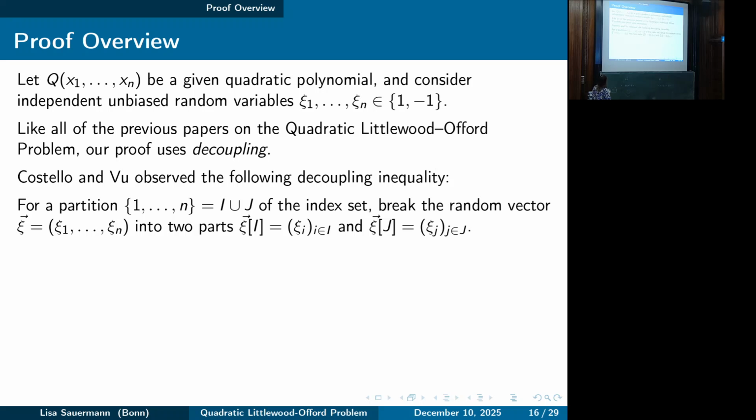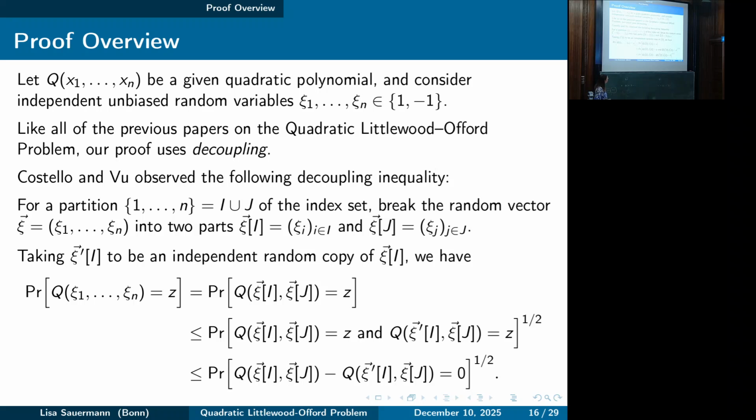That means our random vector, where we put together these random variables, will be broken into two parts, and these two subvectors are independent. That's very important for us: the vector with just the variables with indices in I, and the vector with just the indices in J, are truly independent of each other probabilistically.